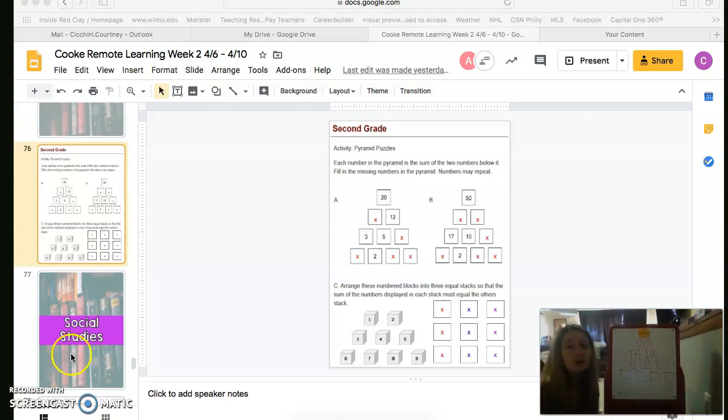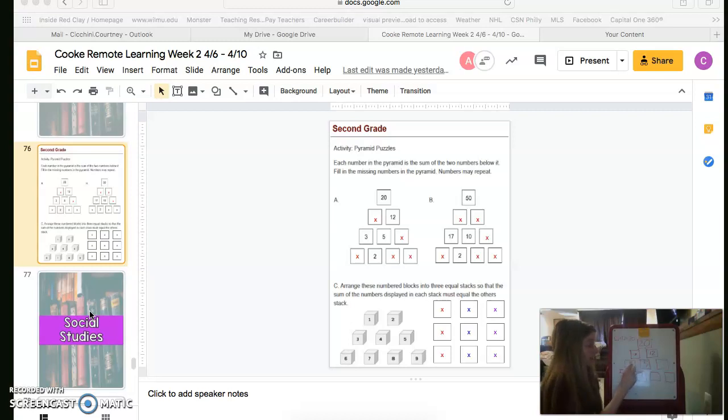All right, so the first thing is you need your total of 20. So you can look and think unknown plus 12 equals 20. Or look at the bottom 2 numbers and see if you can add them to get the top number.